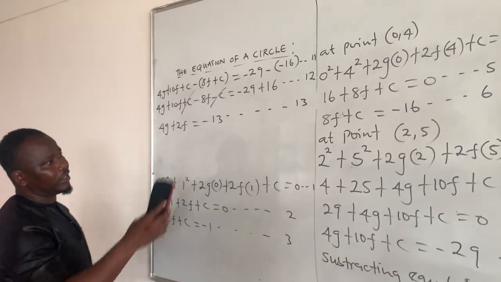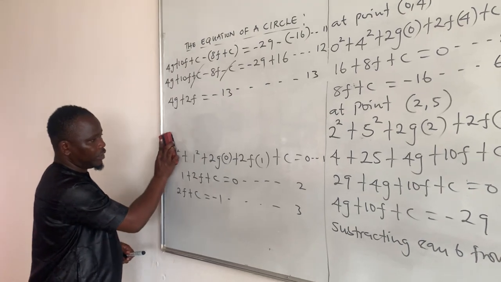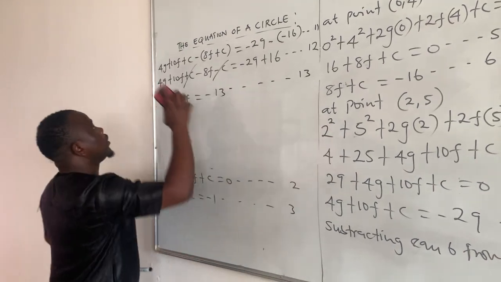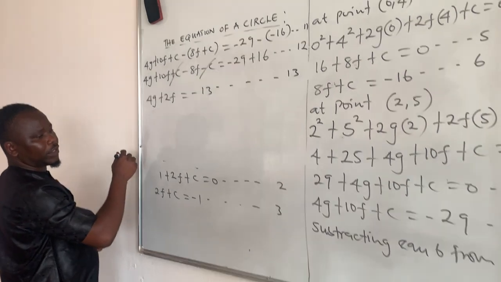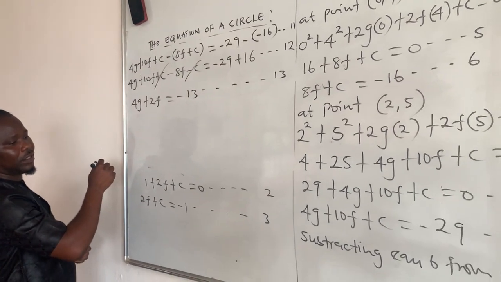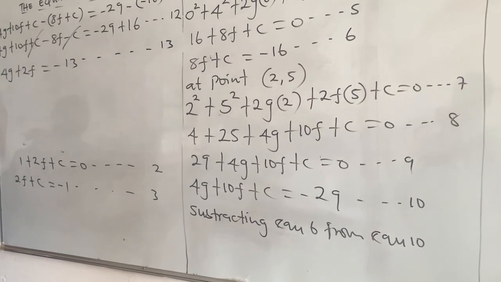True or false? Look at it very well. You can take out this part, right? So at this point, we'll write subtracting equation 3 from 6.